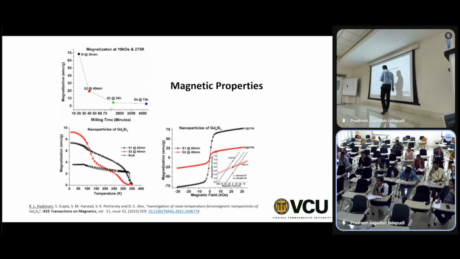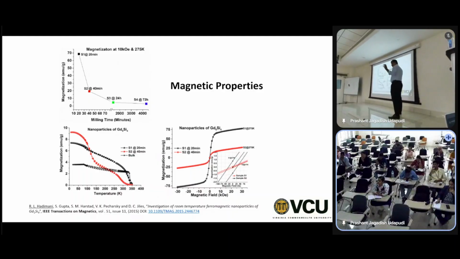Here, if you look at these different size-separated particles, they have different transition temperatures. So that means if the particle size changes, their property also changes. That's why you need to size separate the particles.